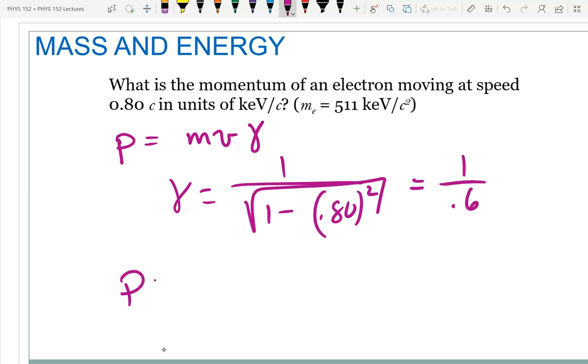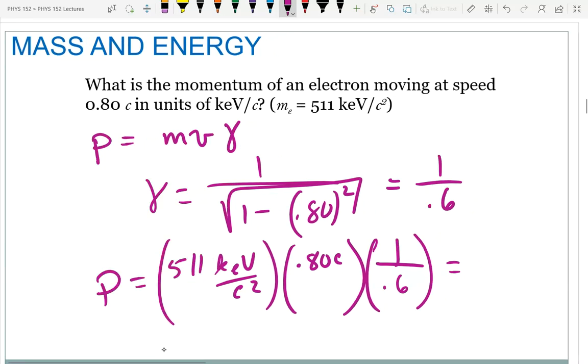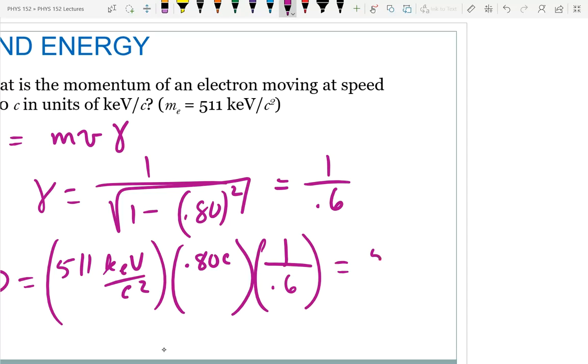So the momentum is equal to 511 kiloelectron volts per c squared times the velocity 0.80 c times gamma 1 over 0.6. 0.8 over 0.6 is 4/3. Notice my c's here. 1 c will cancel.